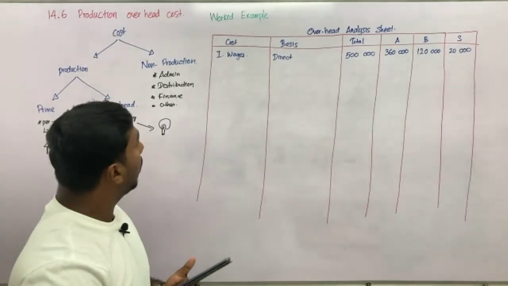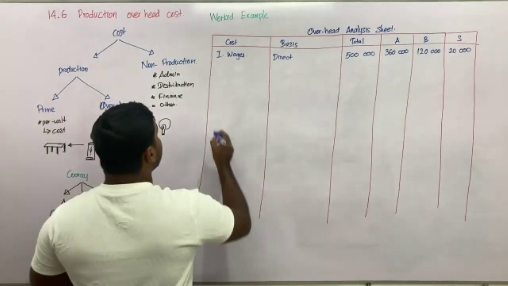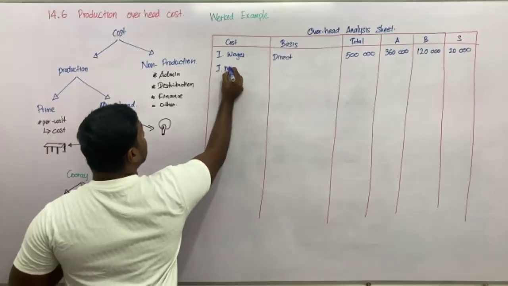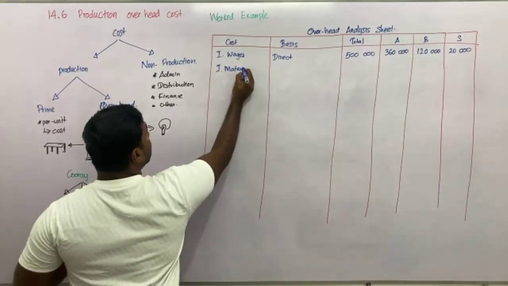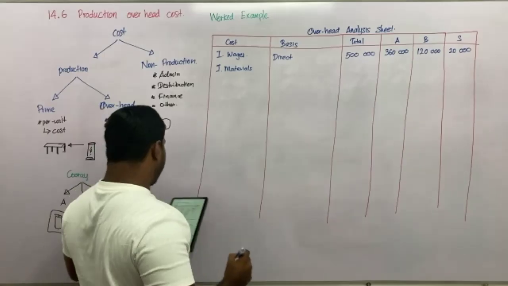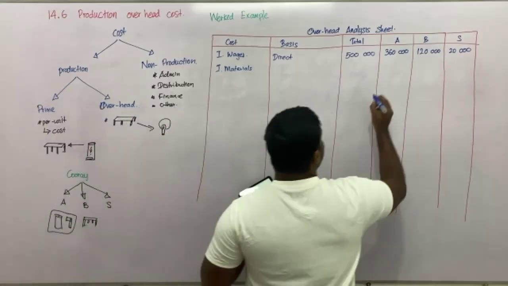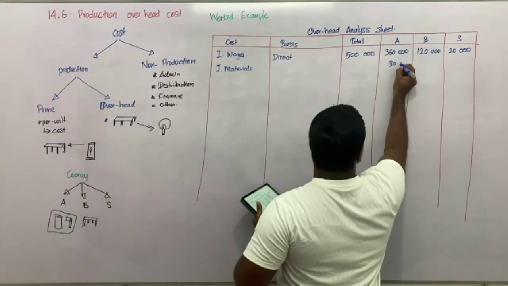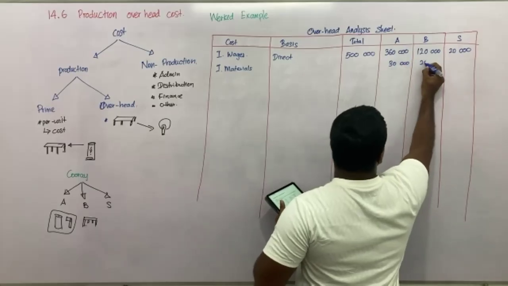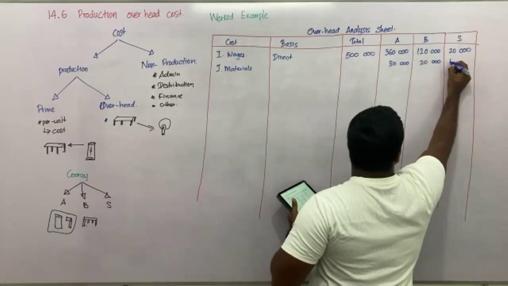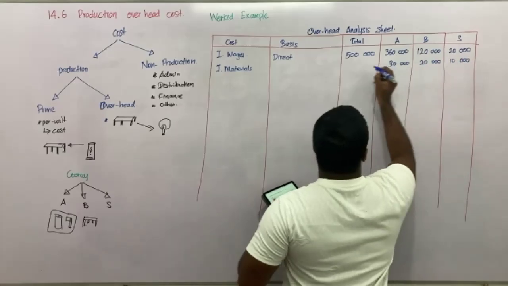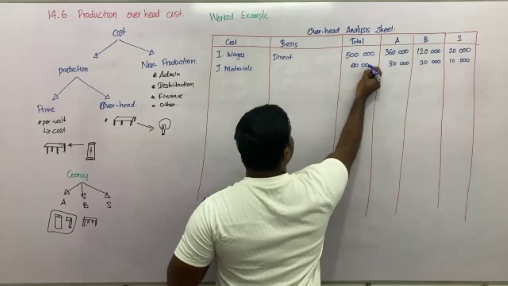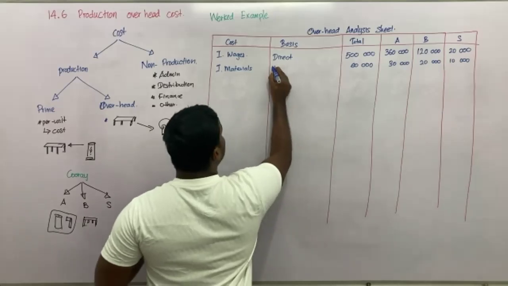Next one, indirect materials: 30, 20, 10, altogether 60,000.